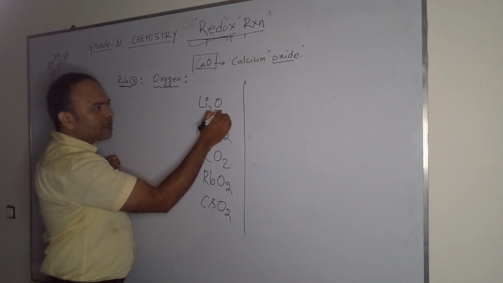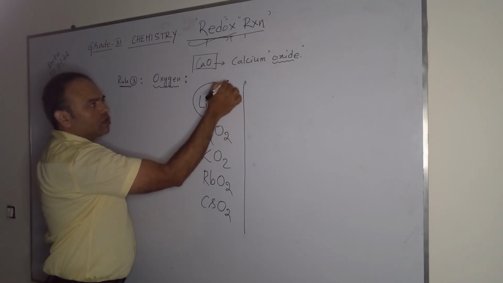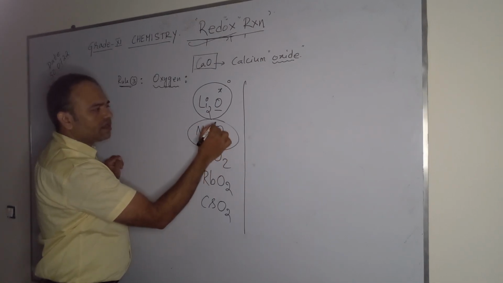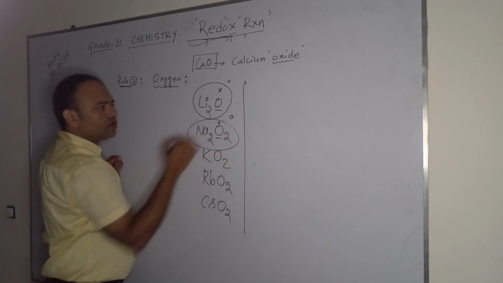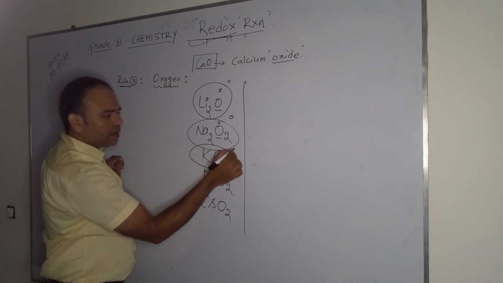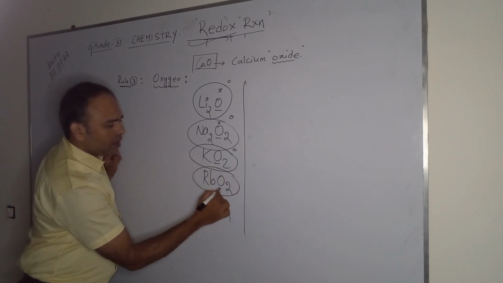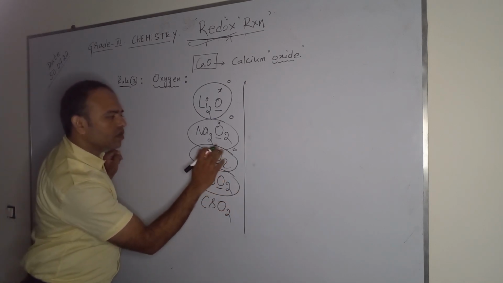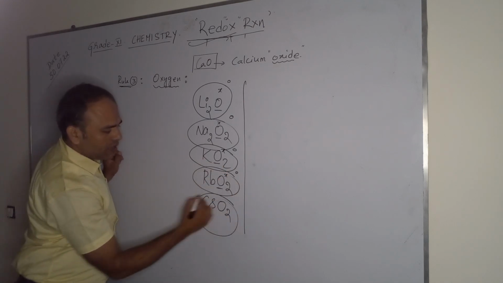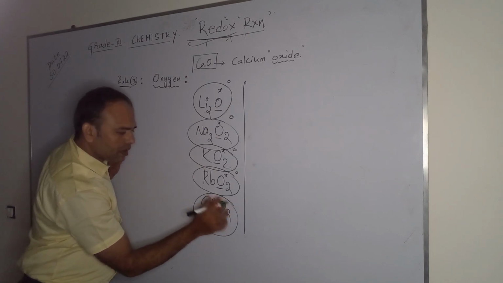So underline the oxygen and take it as X, and you know the total will be 0. Here also underline this, keep it as X, and the total is 0. Same thing for RbO2 and CsO2.